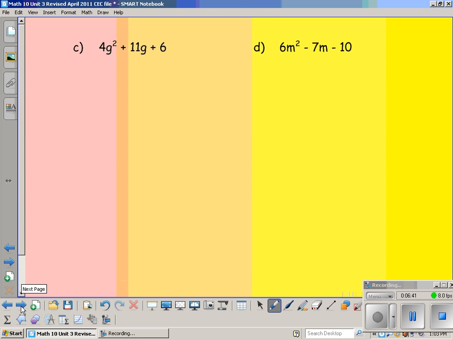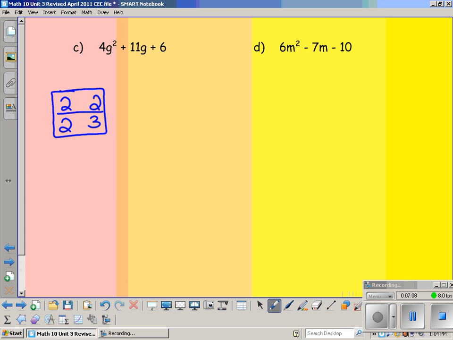Let's try another one. It's just a matter of practicing and seeing how all of this will work. Now, if we use 4 and we go by our rules to pick the two that are closest together, we'd have 2 and 2, and for the 6 we'd have 2 and 3. But I can tell you right off the bat that this is not going to work. And it's not because I've done the diagonal multiplication in my head.